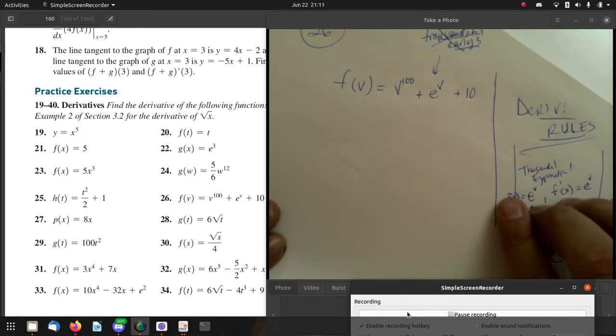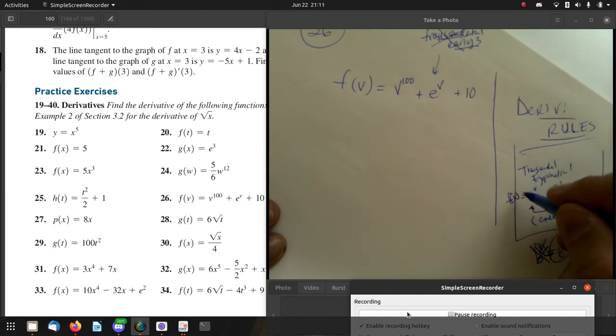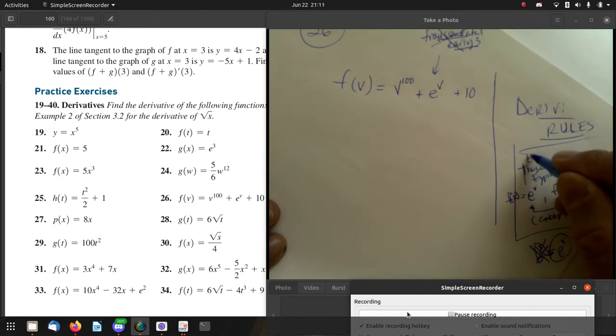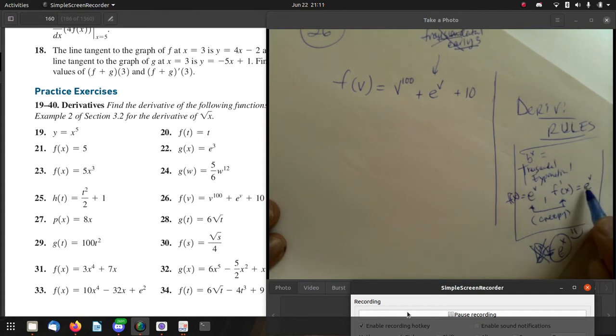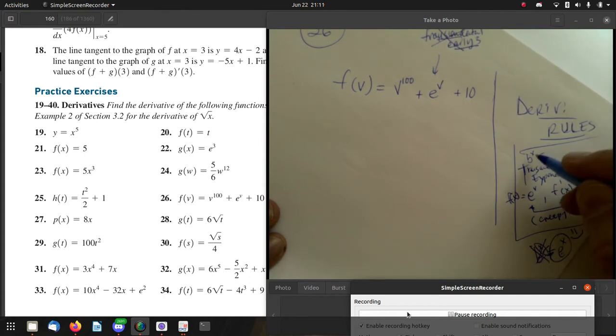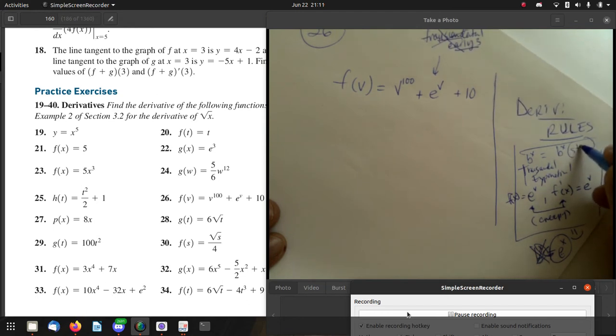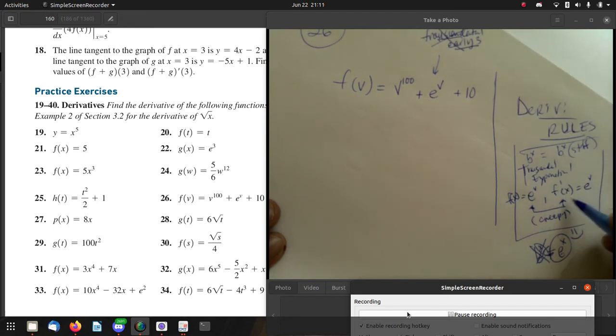It's also a more convenient base because of the convenience of this derivative. This is not the case for b to the x, which does not have a derivative of b to the x. It does have b to the x in its answer, but then it has some other stuff that fixes for the fact that it's not e to the x. We'll get into that later.